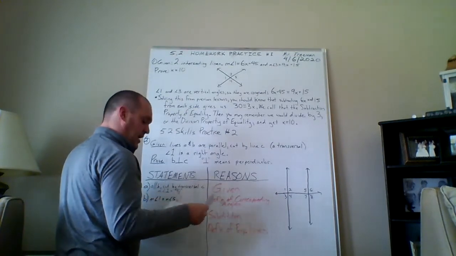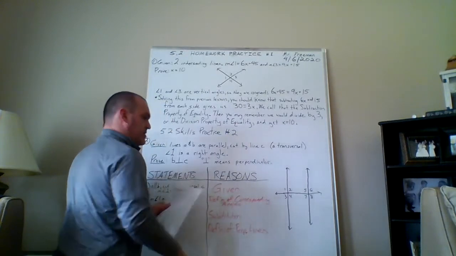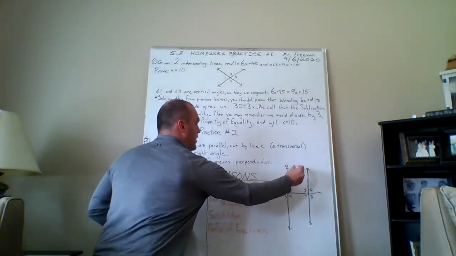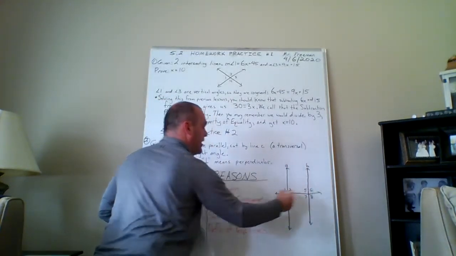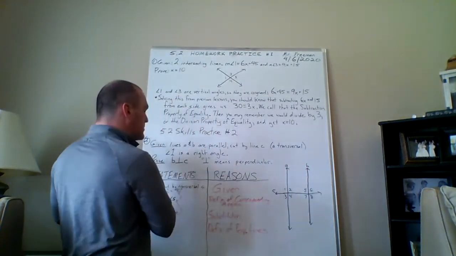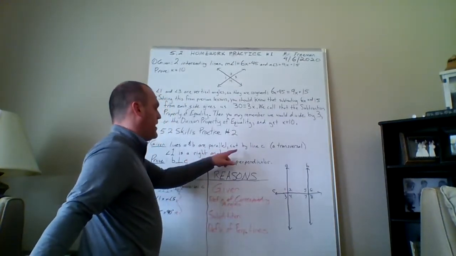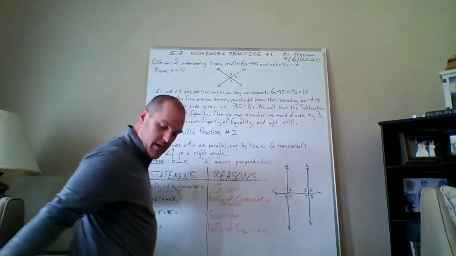This one was line A, this one is line B, and this one should be C, yes. So this is a table format where we've got these two parallel lines, A and B, cut by line C, a transversal.